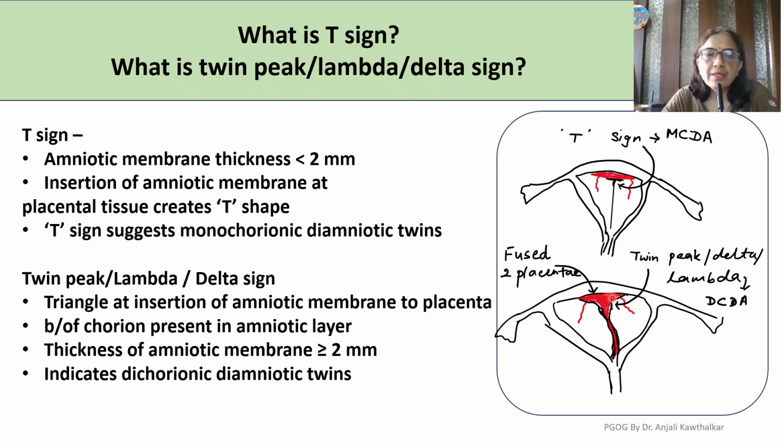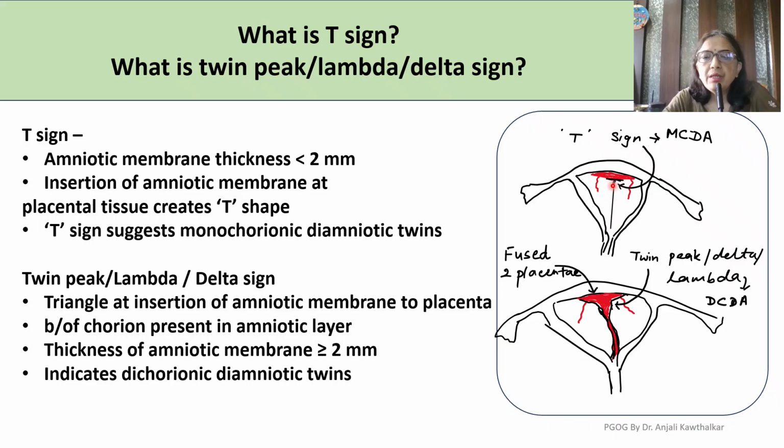Here, if we can see a triangular tissue at the insertion of the amniotic membrane to the placenta, this triangle suggests that the chorionic layer is present in between the two amniotic layers. This is called the twin peak sign, delta sign or lambda sign, which suggests a dichorionic diamniotic pregnancy.